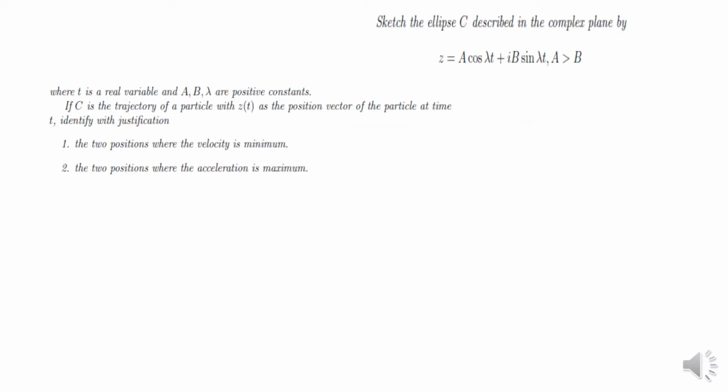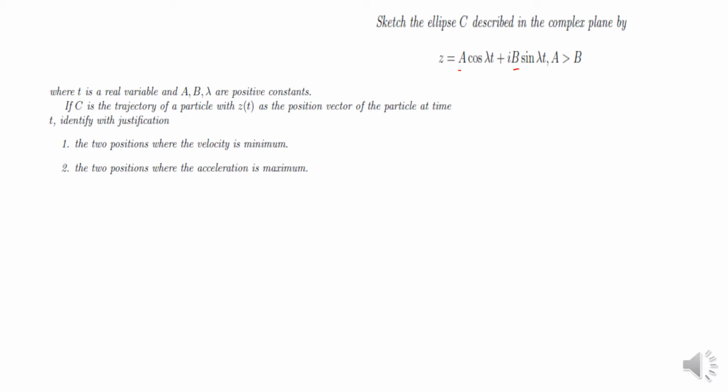So we take the other formulation of the question which appeared in 1996. Sketch the ellipse C described in the complex plane given by Z equals A cos lambda t plus i B sin lambda t. So instead of omega, lambda has been used, and instead of small a and small b, capital A and B have been used.